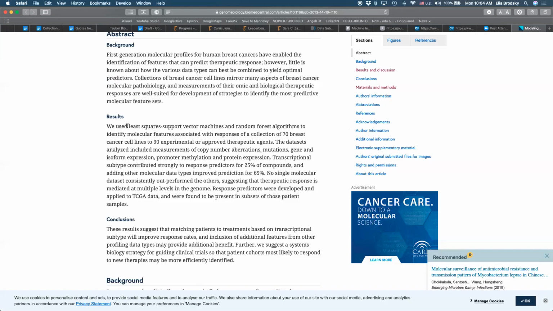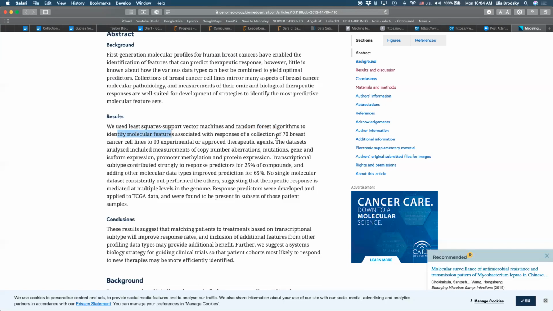So they used least square support vector machines. I believe we covered support vector machines in the classification session, but least squares is something that we typically cover in the multi-omics integration. Random forest, of course, we covered that. And then, of course, we use them to identify molecular features, which is feature selection.